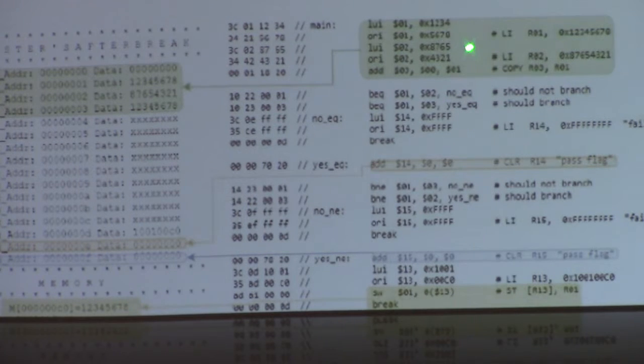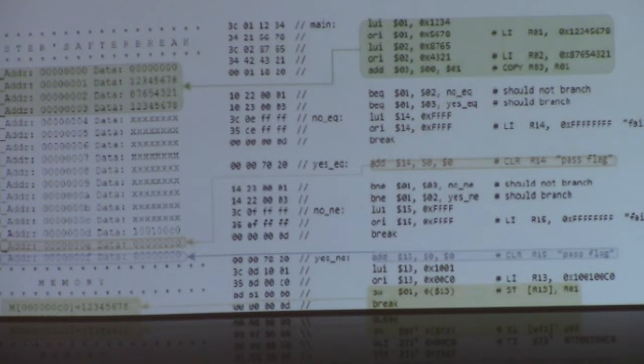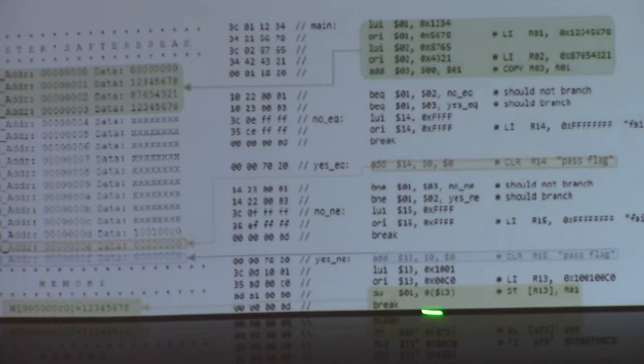On the right-hand side you'll see the immediate value being accessed from the instruction itself, and towards the bottom we have the store word, which uses our base index, which grabs the contents of R13 and adds it to 0 to calculate the effective address of where the contents of R1 are going to be stored.